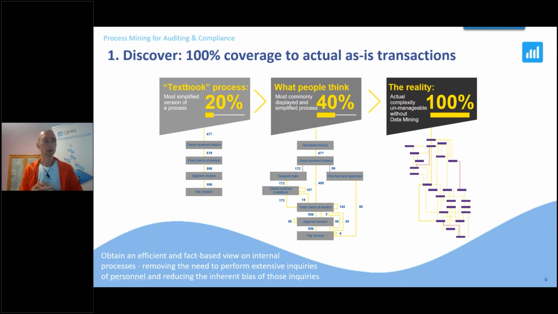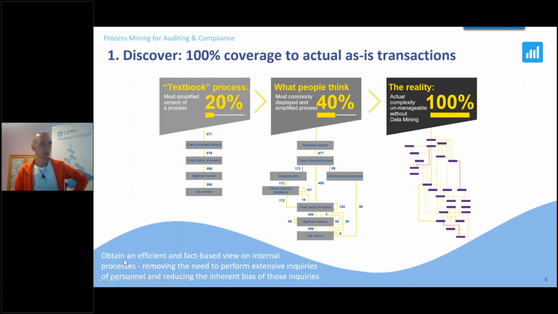And this is only possible using data mining tools, and process mining is a part of data mining that is specifically targeted for this kind of analysis, since it does this process discovery automatically. You can do this with data scientists bit by bit, but with process mining tools, you don't need the data scientist. You get this 100% coverage for your auditing discovery automatically.